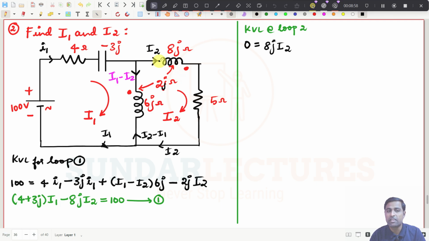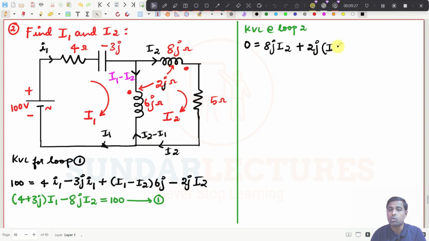And then you see this current is entering through the dot, and leaving the dot here. You have to see this current, not that current. So this current is also leaving the dot. If it is going like this, the current is leaving the dot, this current is leaving the dot. So I have to put plus. What is the mutually coupled reactance? It is 2J. What is the current entering this coil? I'm just writing the voltage expression for this coil.